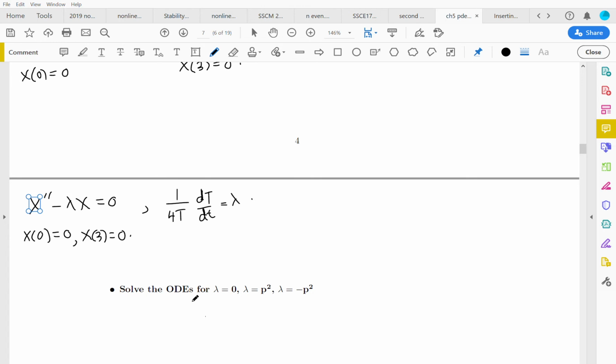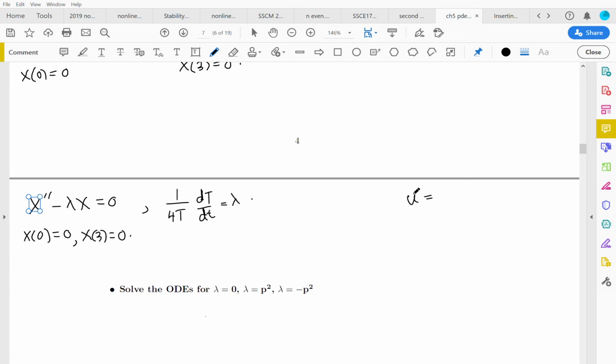Here we have to solve the ODE. We have to solve the equation for x and also the equation for t, because our aim is to get the solution for u. The original equation that we have is u in terms of x and t. So our aim is actually to get the solution for u.